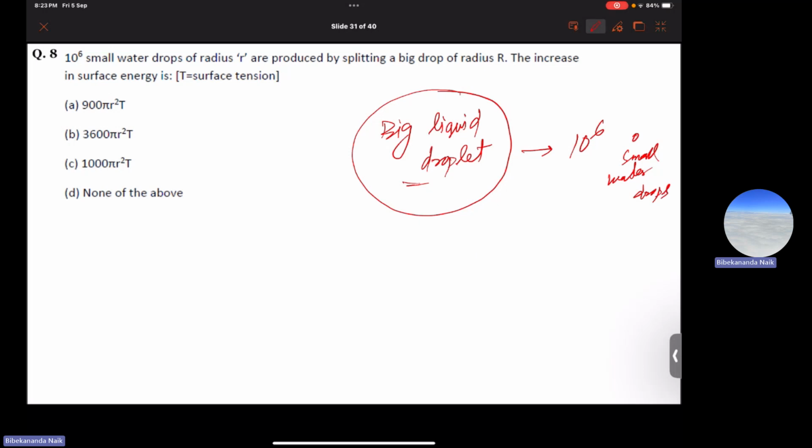Now what will be the increase in the surface energy? So first we need to find whether there will be increase or decrease in the surface energy, and it will depend upon the value of the surface area. So when a big liquid is being split into 10 to the power 6 small liquids, the overall volume remains same.